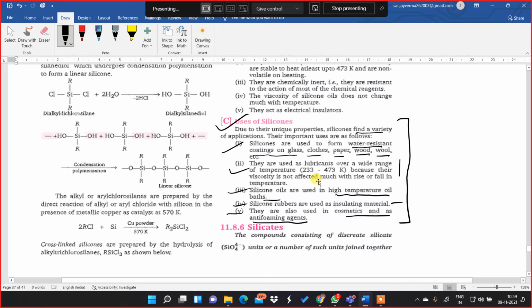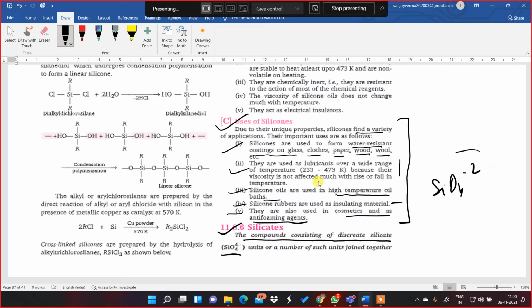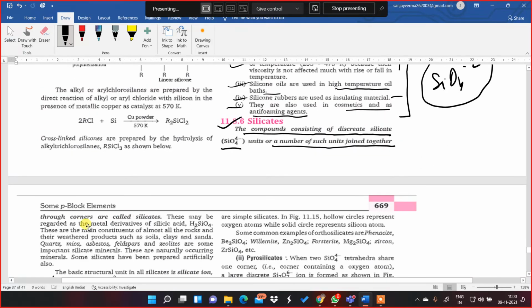After that, we have got silicates. The next compound which is there in the syllabus is silicates. The compounds consisting of discrete silicate, that is SiO4 units, if these units are present in the compounds, or a number of such units joined together by means of a linkage through corners, are called silicates.